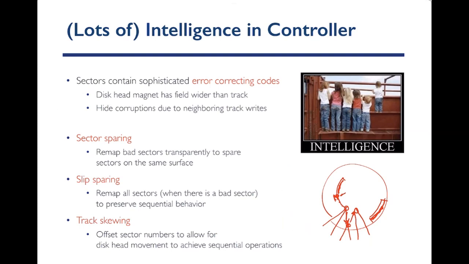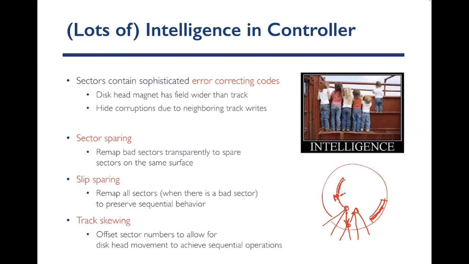The other one is track skewing. This one is interesting because sometimes by the time you're done reading and transferring one sector, the next sector has already moved past the head.